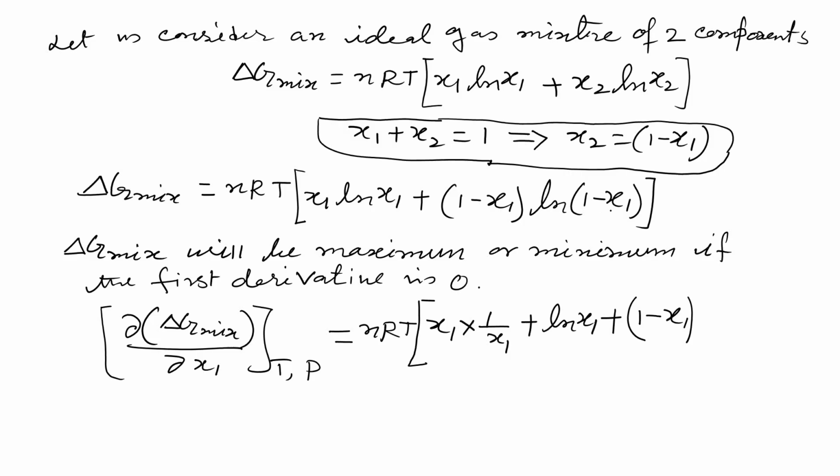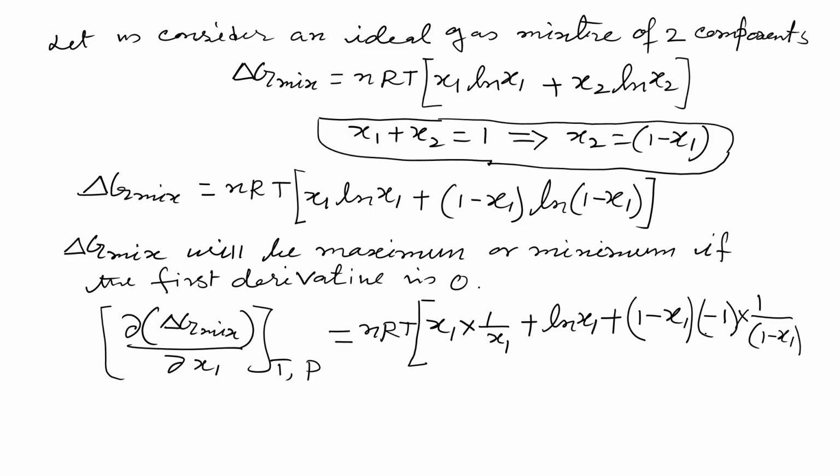So ddx of 1 will be 0, ddx1 of x1 will be 1, minus 1. So it is minus 1 and then into this, now ln, that means 1 by 1 minus x1.